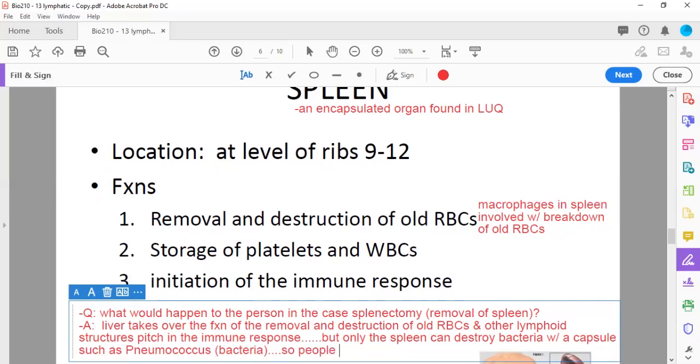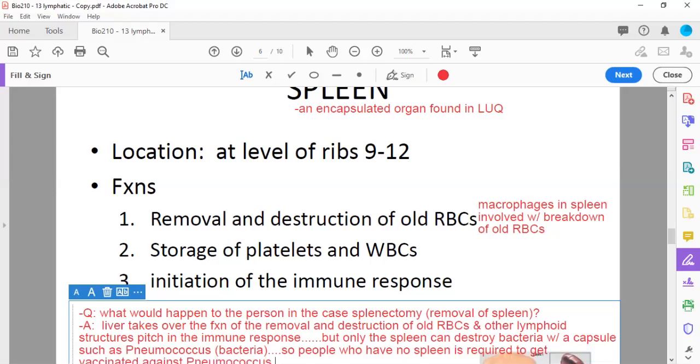have no spleen are required to get vaccinated against pneumococcus.